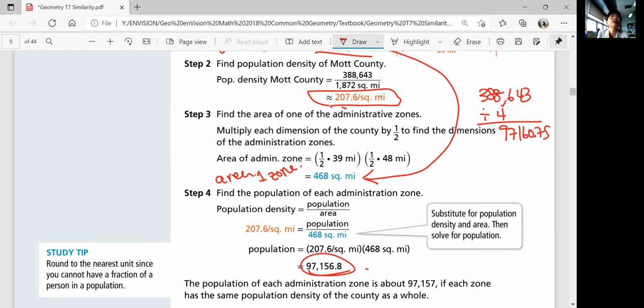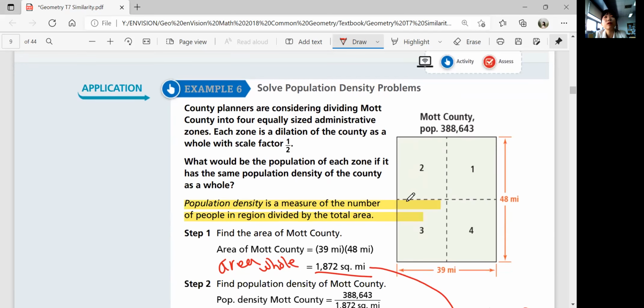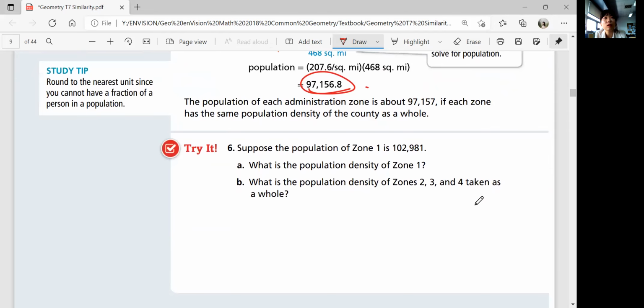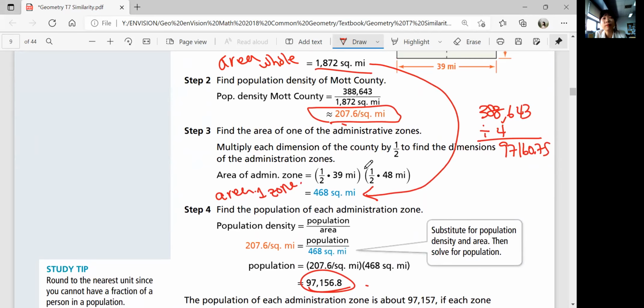So you're actually saying, oh, if the population density is equal for all the zones and it stays the same, then you can basically divide the population by 4 and say all the populations live in the zone equally. But using the population density, this is how you can prove the population density stays the same and how to get the population.